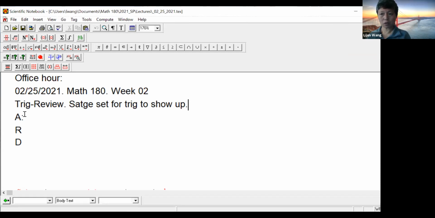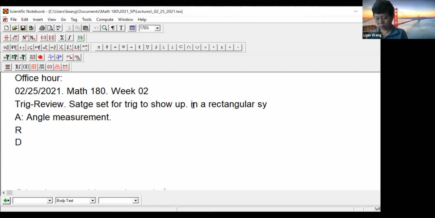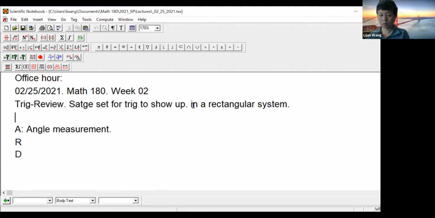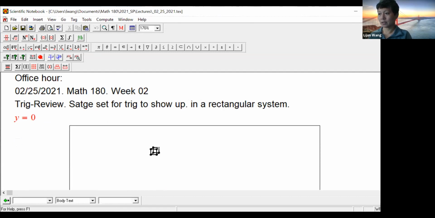The first one is how angles are measured: angle measurement. And of course, it's in a rectangular system. You can imagine that's a stage. Okay, y equals 0.